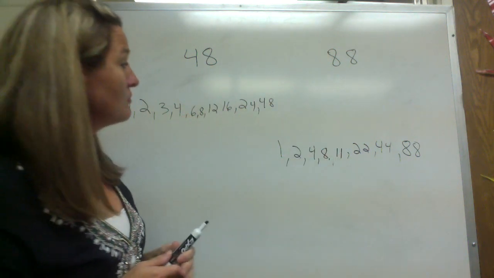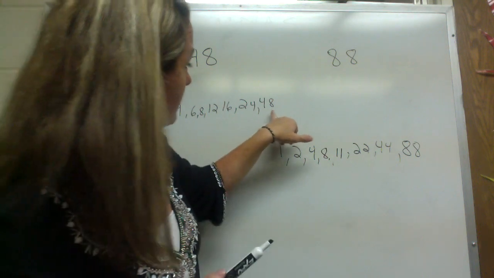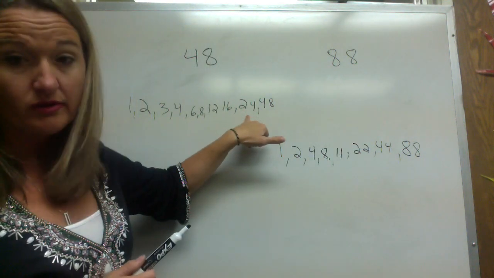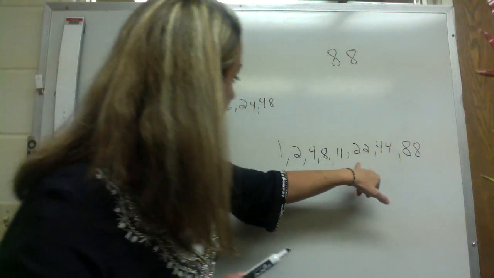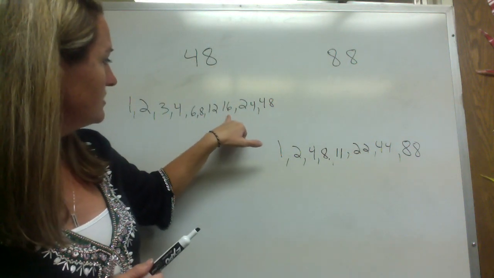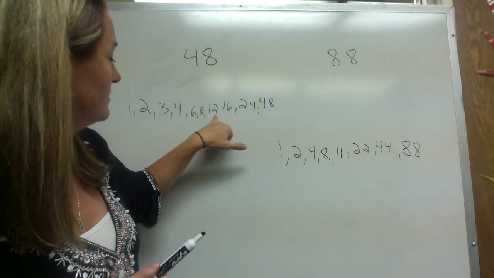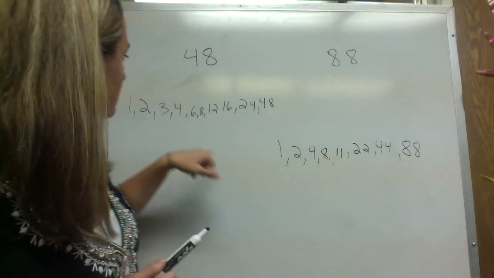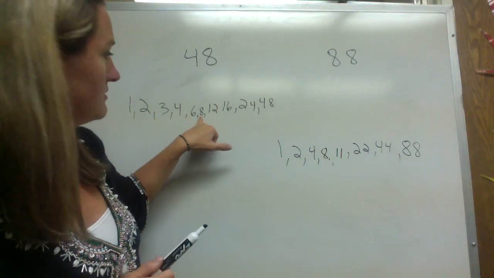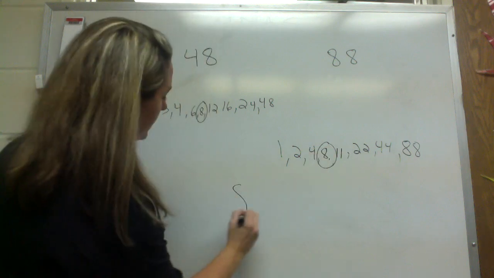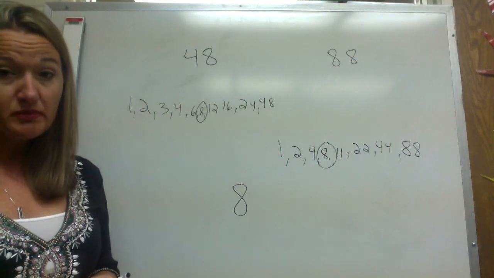So 48. Does this one have 48? Nope. 24? Nope. 16? Nope. 12? Nope. 8. Oh yeah, there's the 8. So 8 is the greatest common factor.